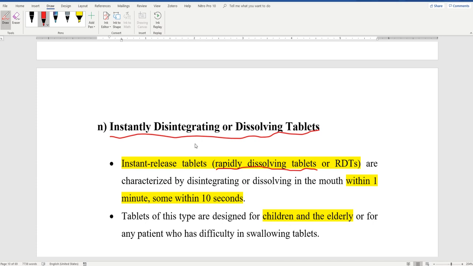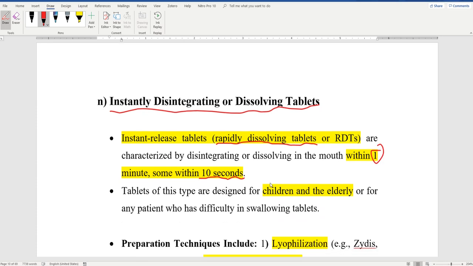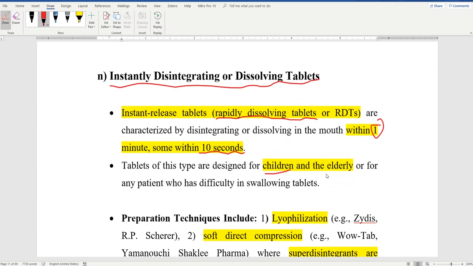This dissolving and disintegrating happens very quickly, maybe in about 10 seconds, but not exceeding 1 minute. That's why they are suitable for children and the elderly who have difficulty swallowing tablets. So there is a big difference between instantly disintegrating or dissolving tablets and immediate release tablets.